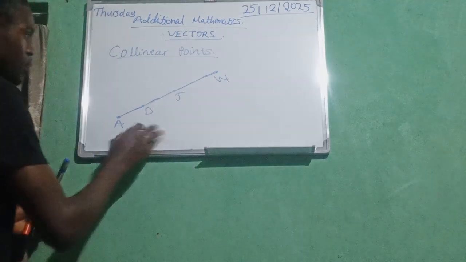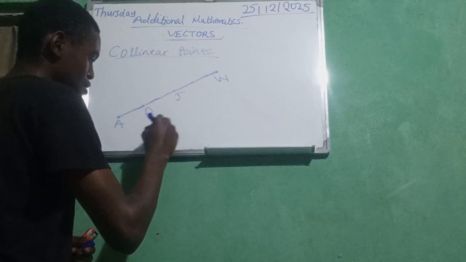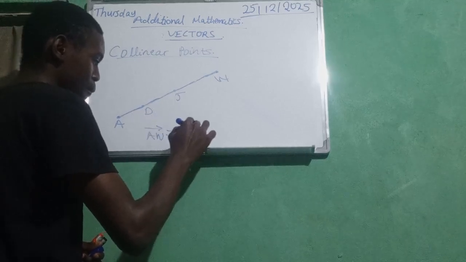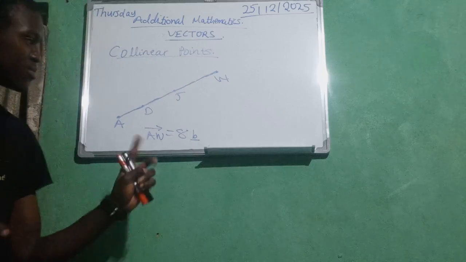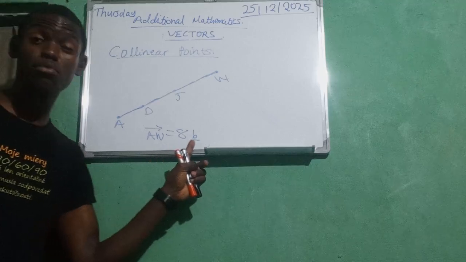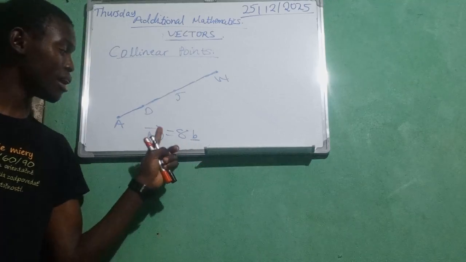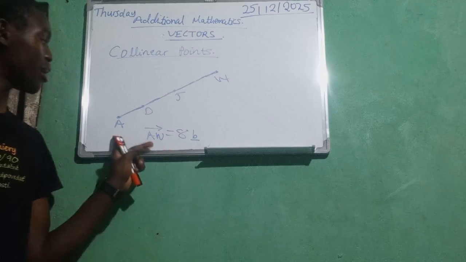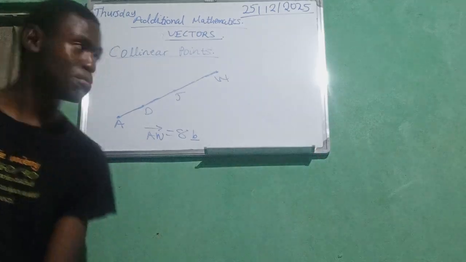Maybe we are told that vector AW is equal to 8 of vector B. So the vector goes from A to W. This is the way of representing a vector also. So vector AW is 8B. The entire length of this is 8B.